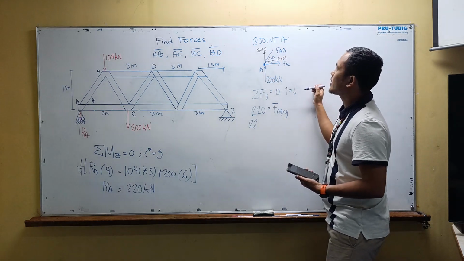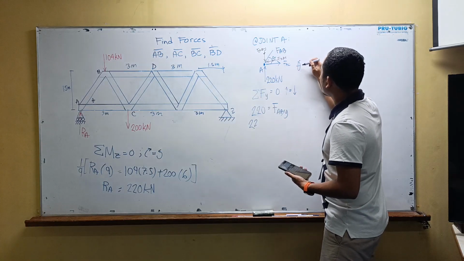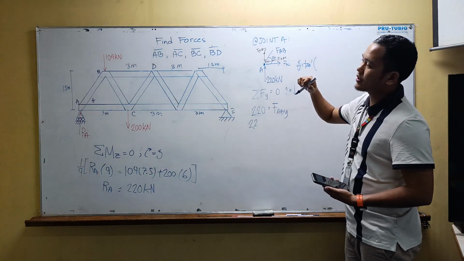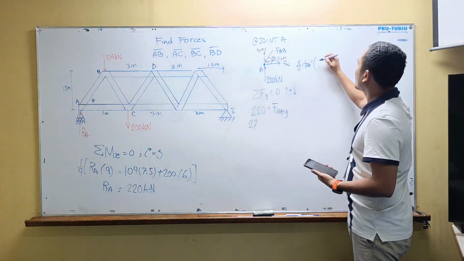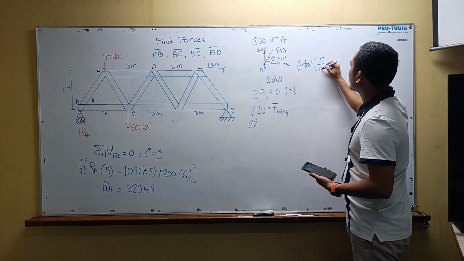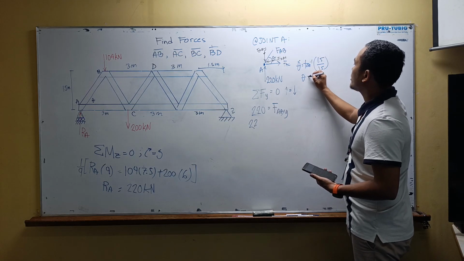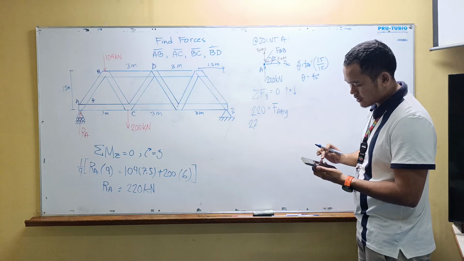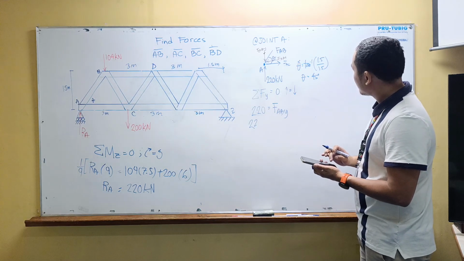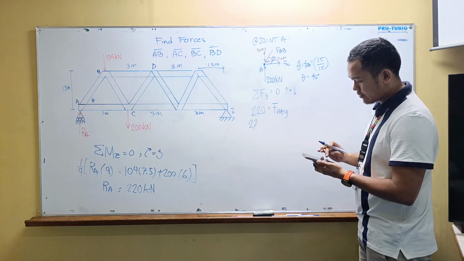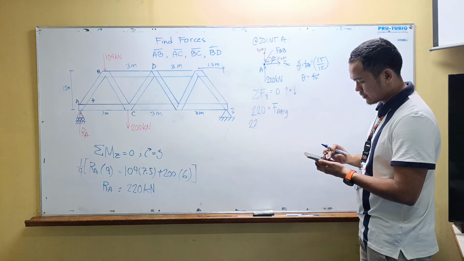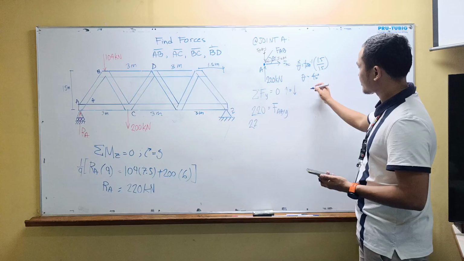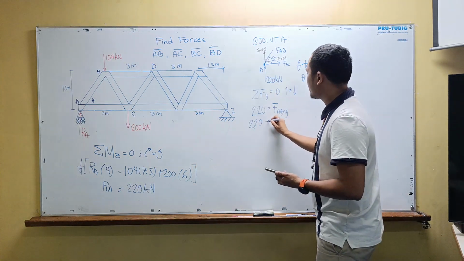What is the angle of that? So theta is the arctangent of 1.5 by 1.5. So essentially it's 45 degrees. You can check it in your calculators. Arctan 1.5 by 1.5 is 45 degrees.